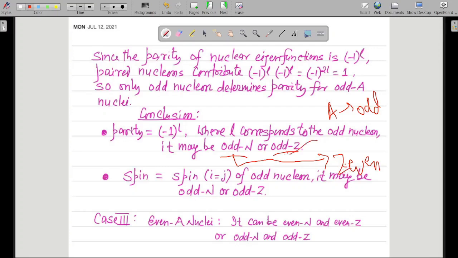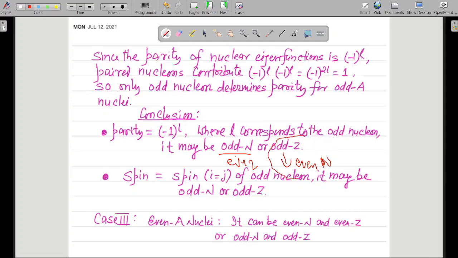And if Z is odd, then N must be even. In both cases the atomic mass number A will be odd, because odd plus even is odd. So the parity will depend only on whichever is odd.